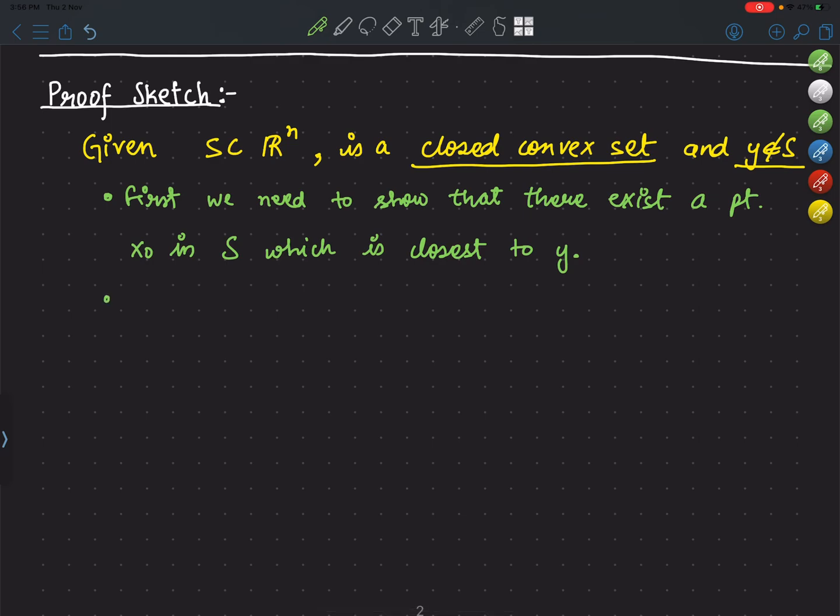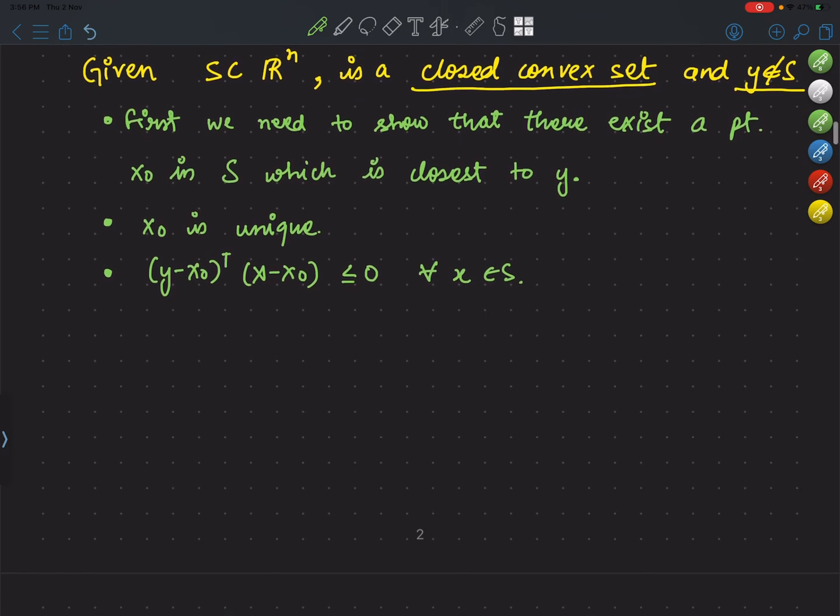Then we have to prove x0 is unique, and finally we have to prove that y minus x0 and x minus x0 form an obtuse angle, or non-acute angle, for all x belonging to S. These three things we have to prove. So let's try to prove the first thing.